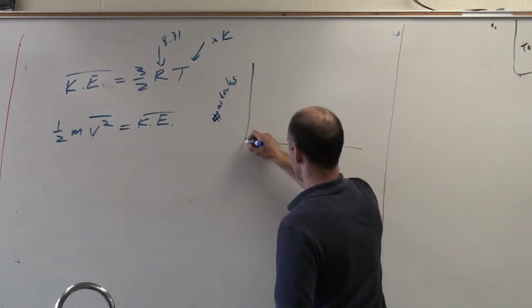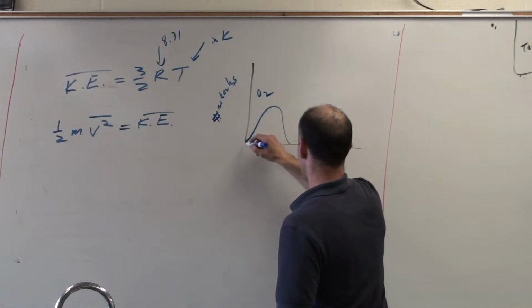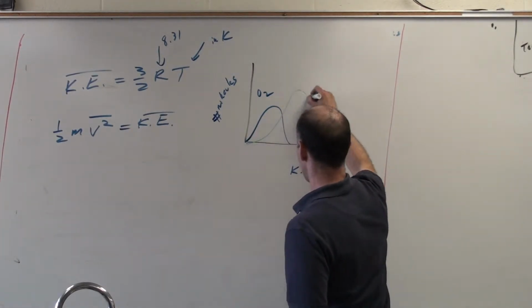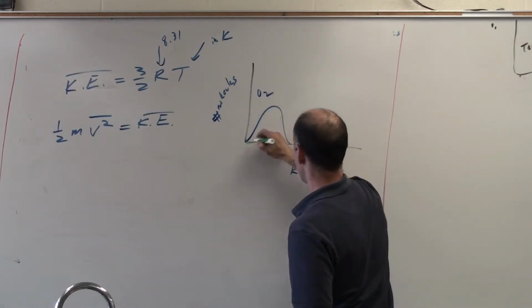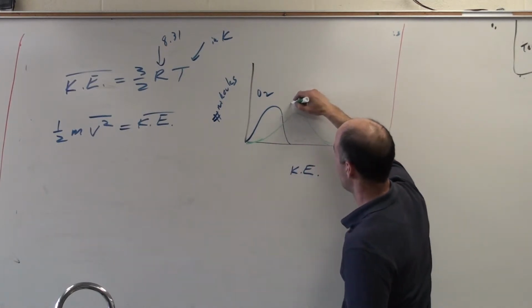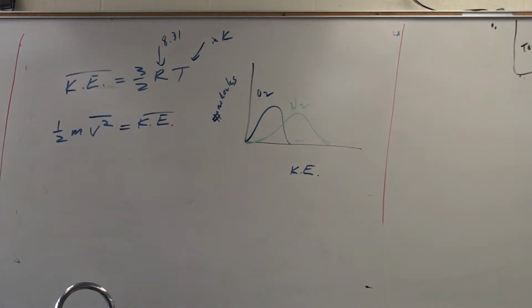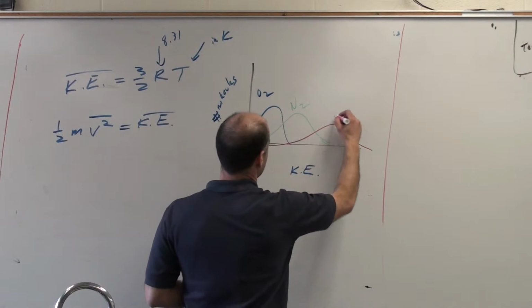And I drew this one to be, let's say, oxygen, then this one to be nitrogen, and one more to be hydrogen.